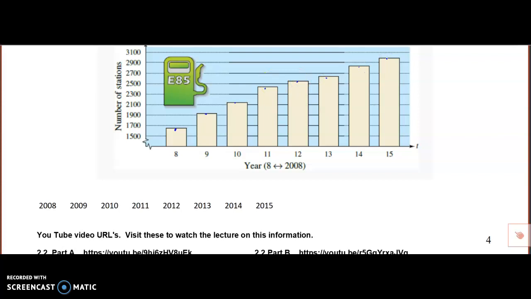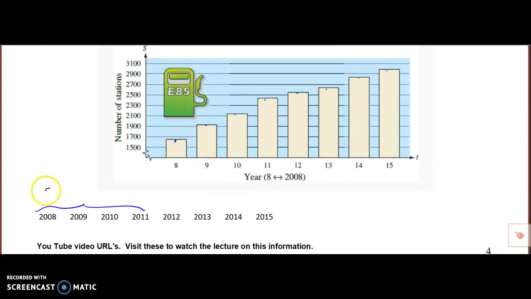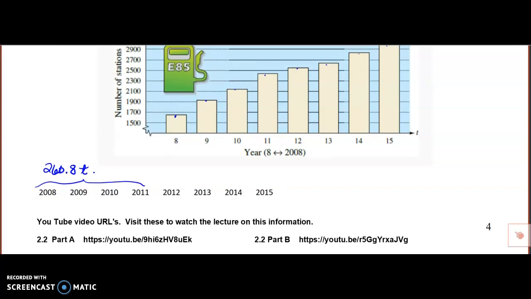I want to use the equations. So from 2008 to 2011, I'm going to use the first equation, which is 260.8t, what else? Minus 439.